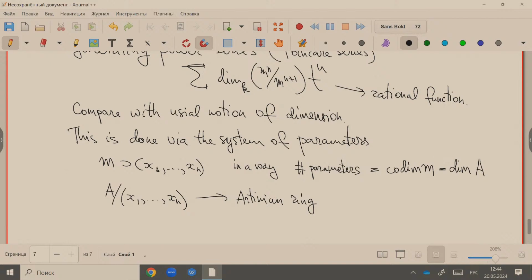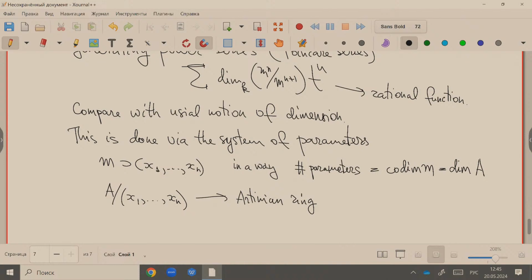In an Artinian ring, the maximal ideal is nilpotent, right? The series is a polynomial, but I just wanted to say that from some large place on everything is zero. So asymptotically, as was said, it's just a polynomial. If the ring is Artinian, this thing is polynomial, and that is if and only if, actually.